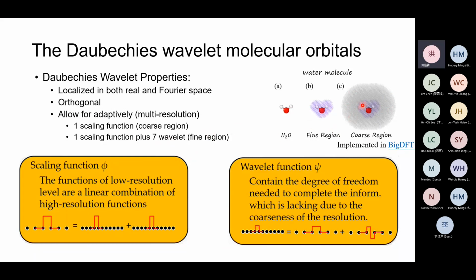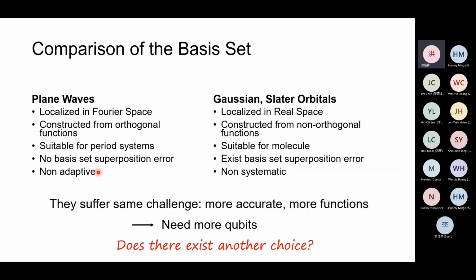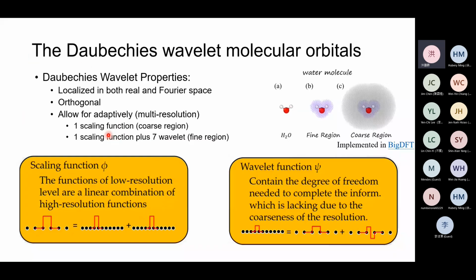For the far regions, we only use the scaling function. And very far away, since the density is 0, there is no degree of freedom. Compared to the plane wave, which is non-adaptive, for the zero-density region it also needs lots of plane waves to describe that region, but wavelets do not.